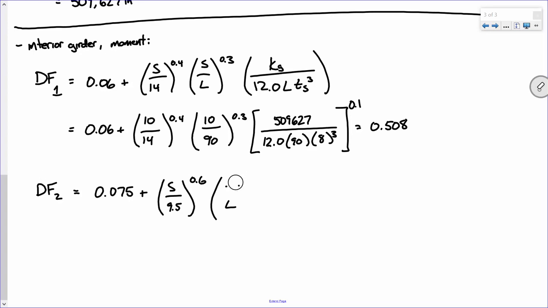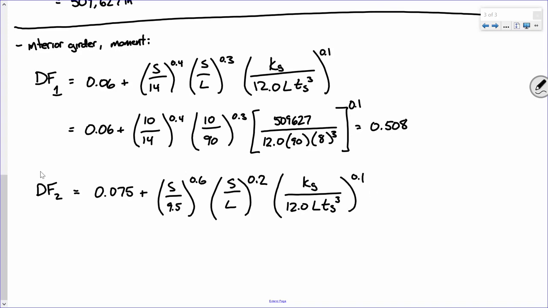I can clear it up a little bit. That is 0.2. And I need 0.1 up there as well. 12 L Ts cubed, Kg, 0.1. How'd I do? I do good? There we go.